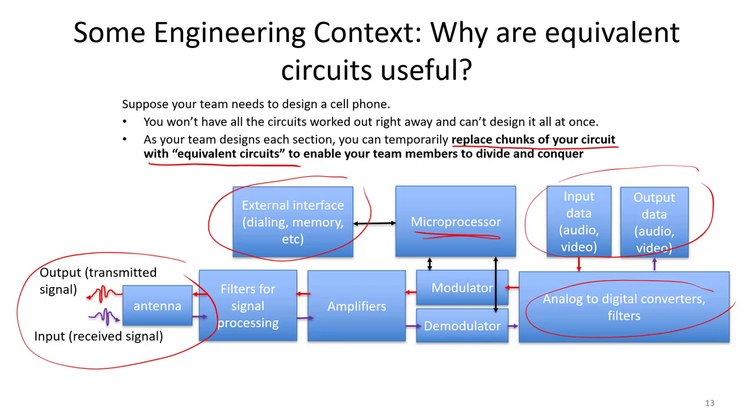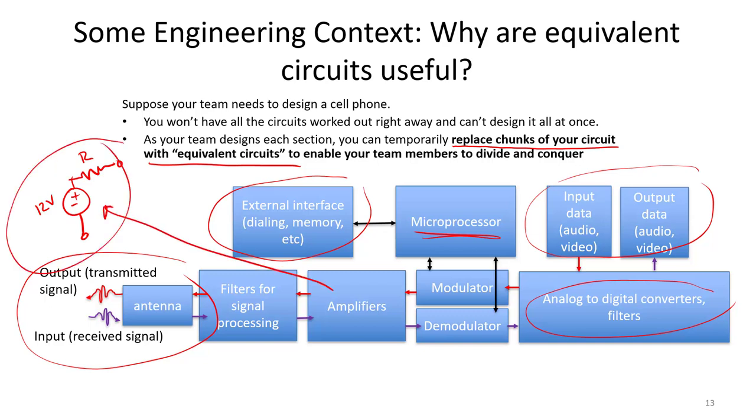So you could tell somebody, okay, for your amplifier, you get up to 12 volts and you get some resistance, and we temporarily put this equivalent circuit here, and then we fill in with the actual details once we know what the amplifier looks like. So this is one way that we can use equivalent circuits to help us design a bigger, more complex circuit.